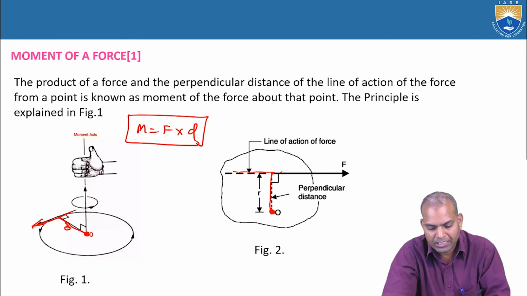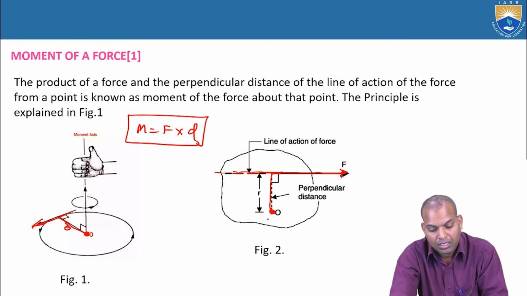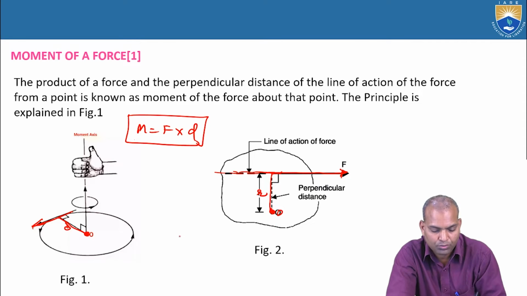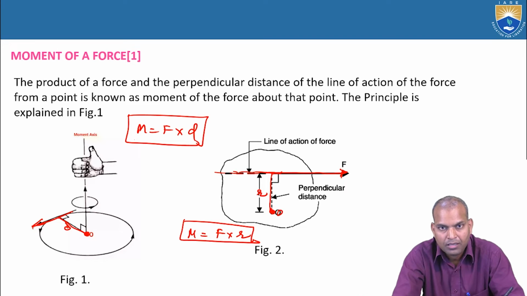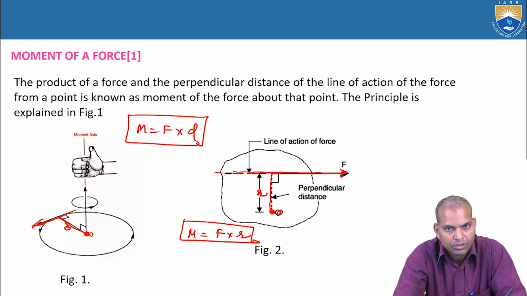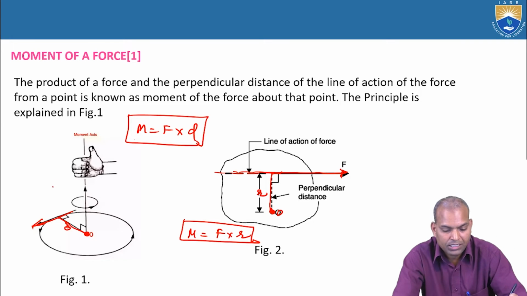Now, in figure 2, the force is acting on a body and the point is O. The distance from O to the line of action of the force is R. What is the moment for figure 2? The moment is F times R. Here R is not a radius, it is the distance from the line of action of the force to the point about which we are going to find the moment. Now, if we consider figure 1, we can better understand the direction of the moment.